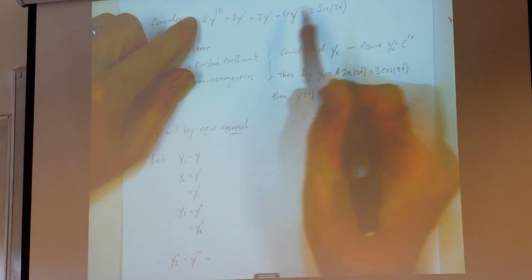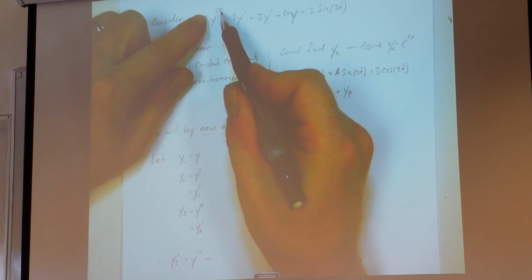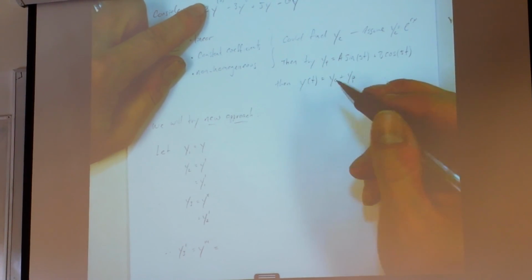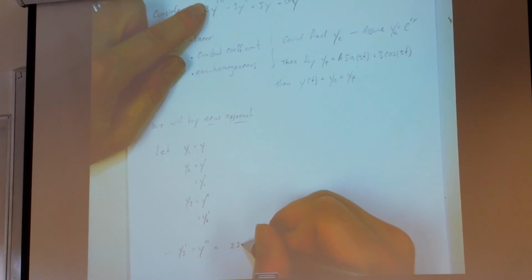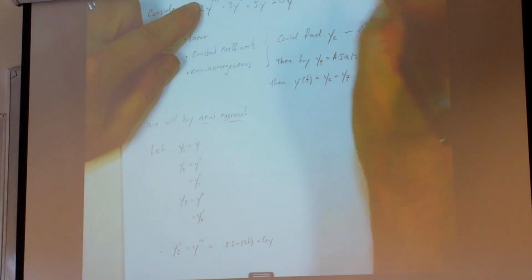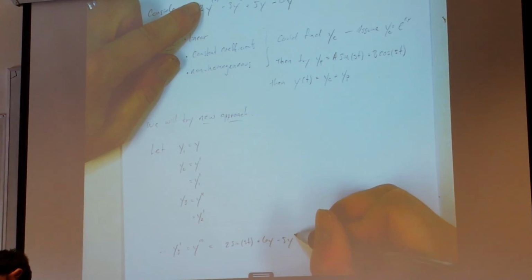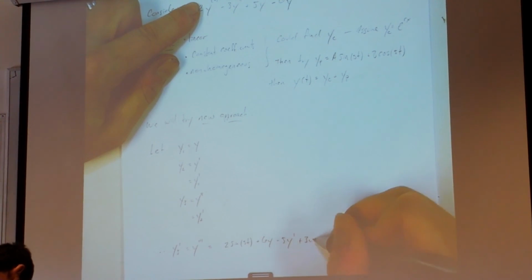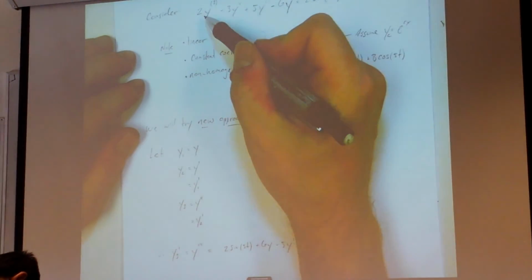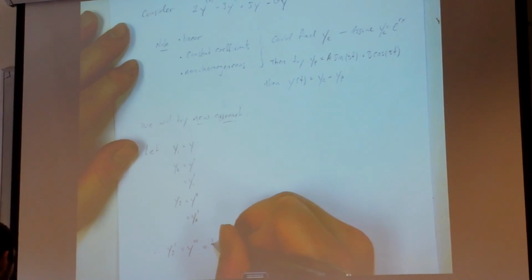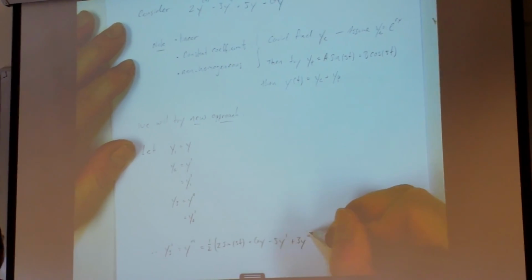I'm going to get everything over to the other side, solve for y triple prime. I'd start off with 2 sine 5t plus 6y minus 5y prime plus 3y double prime. Okay? And then I'd have to divide it by 2 because I want to get y triple prime by itself. So now with 1/2 out front of all that.